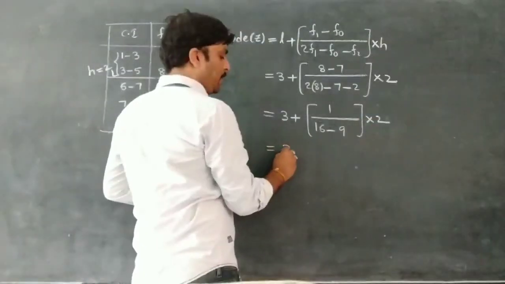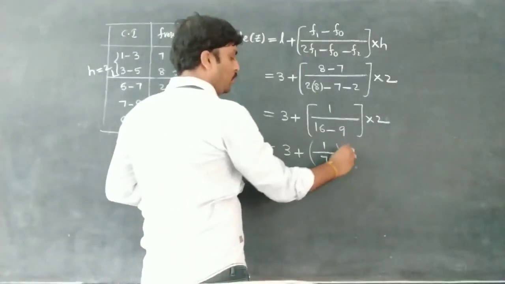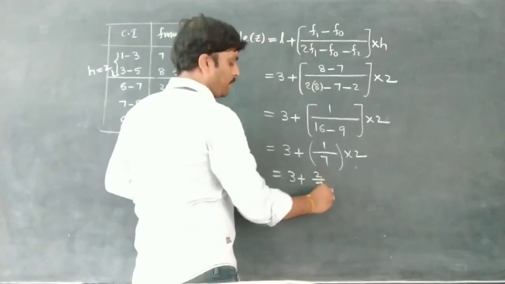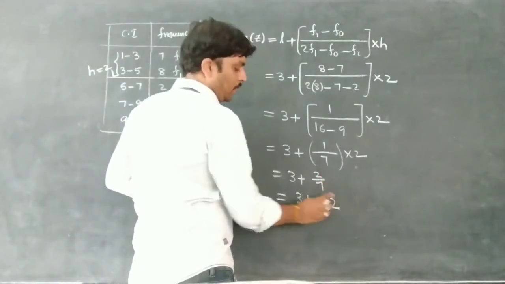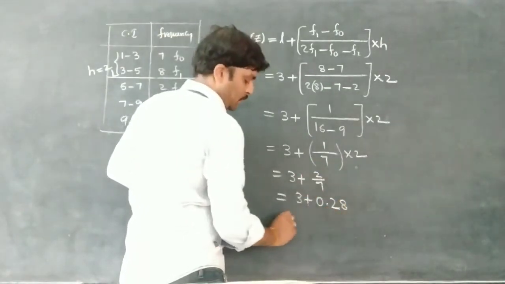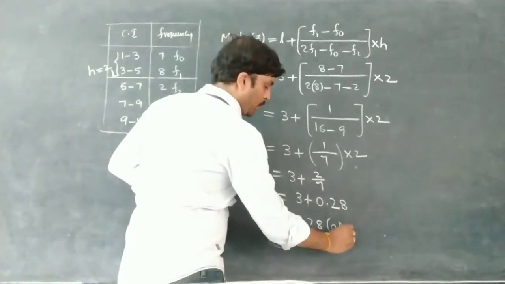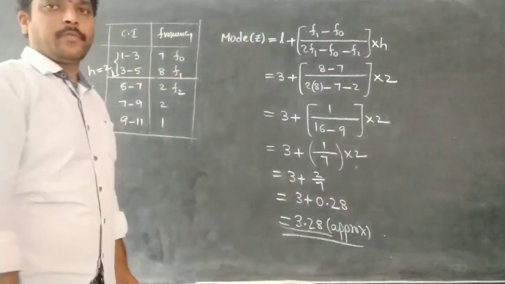Now 3 plus 1 by 16 minus 9 is 7, into 2. So 3 plus 2 by 7, which is approximately 3.28. This is the mode.